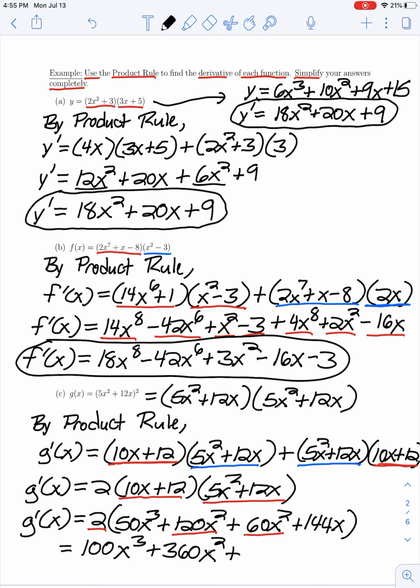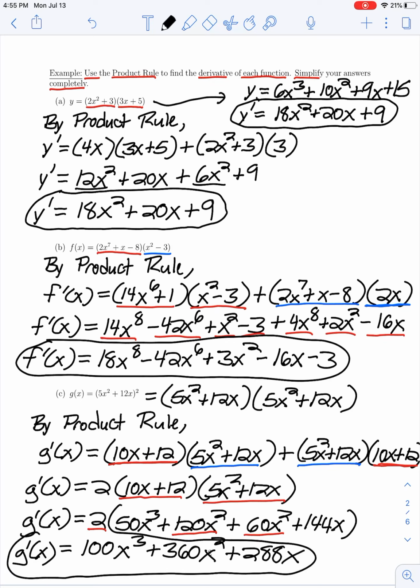And then plus 2 times the 144x is 288x. So we have the following simplified expression for the derivative of this function.